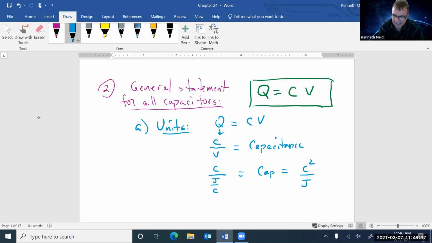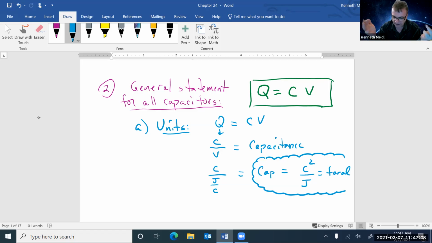Okay, so capacitance has units of Q squared, coulombs squared divided by joules, and this is called a farad, after Michael Faraday. He'll be one of the big heroes of this semester. So here are the units of capacitance. It's in farads, and a farad equals charge squared divided by joules.